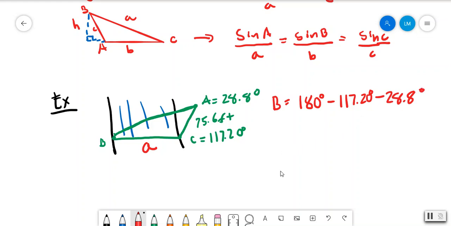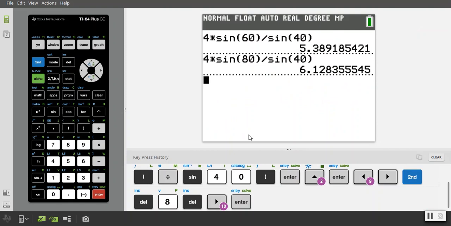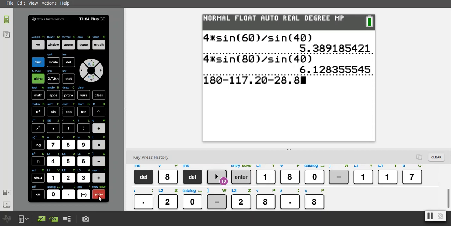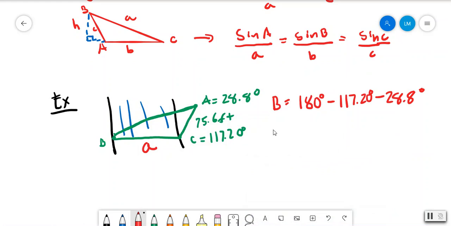If we do this using our calculator, we have 180 minus 117.2 minus 28.8 degrees. That's 34 degrees. So the angle that forms here is 34 degrees.